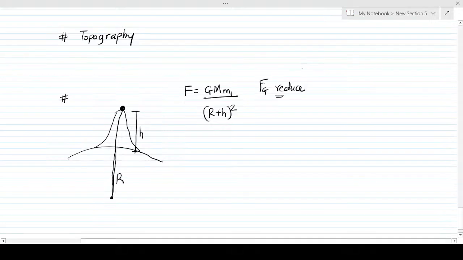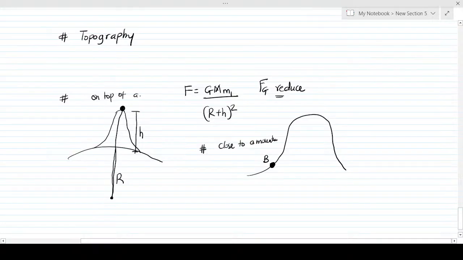Now, what if we do the measurements close to a mountain? So not on top of a mountain, but close to a mountain. This is on top of a mountain.